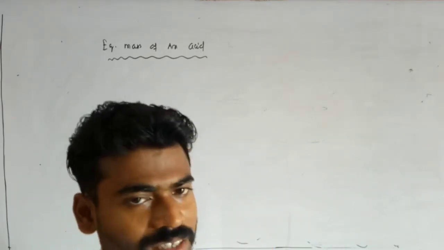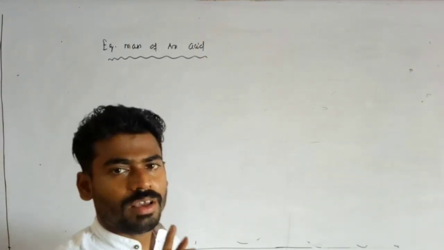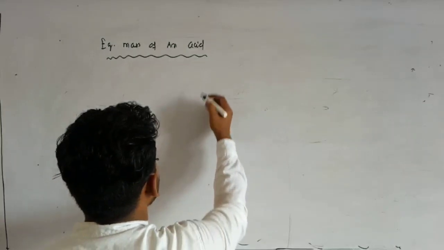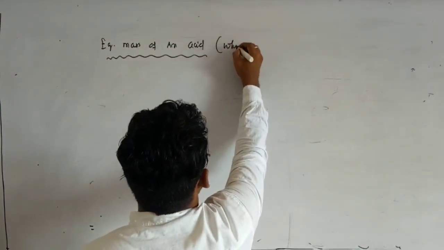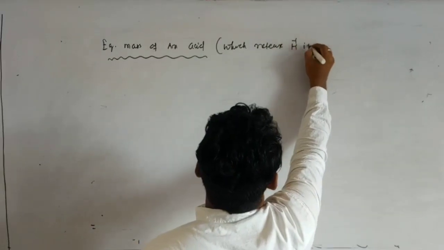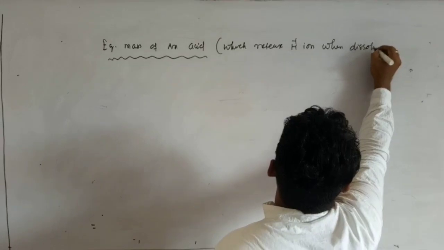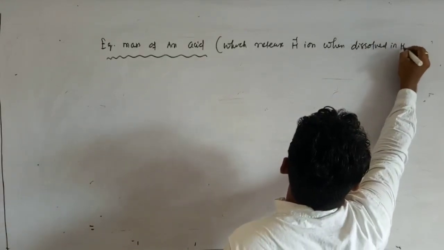So any substance which can release H plus ions in solution, that is called an acid. Okay, so acid means which releases H plus ion when dissolved in water.